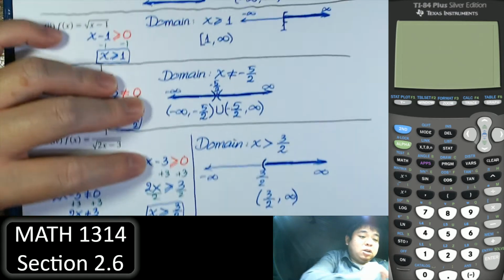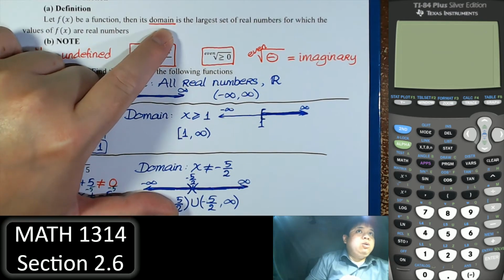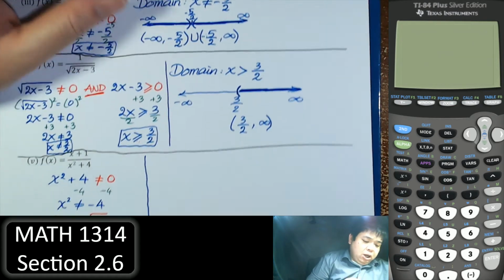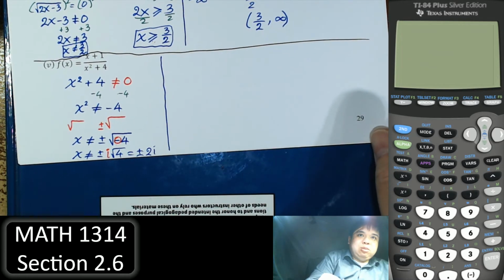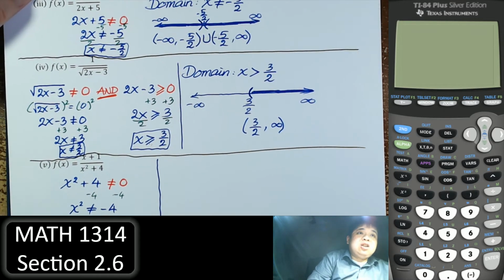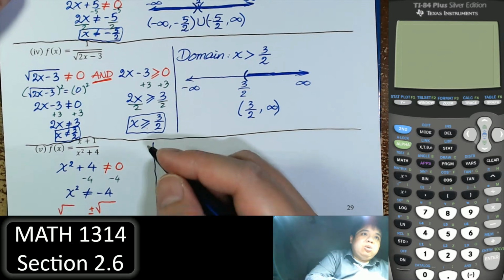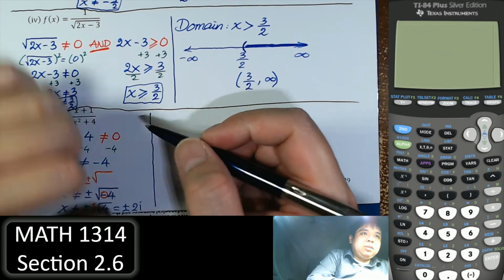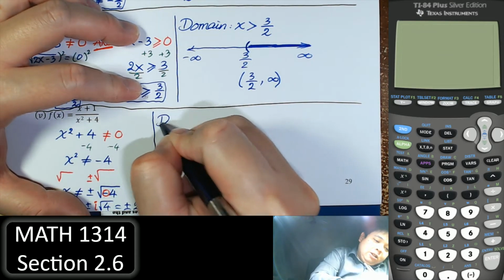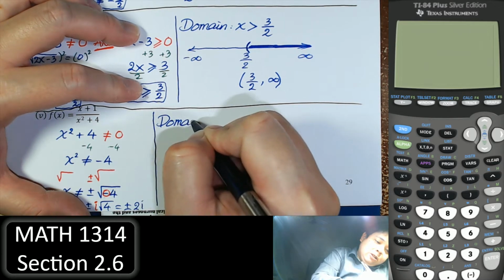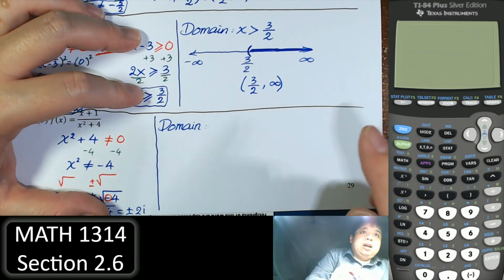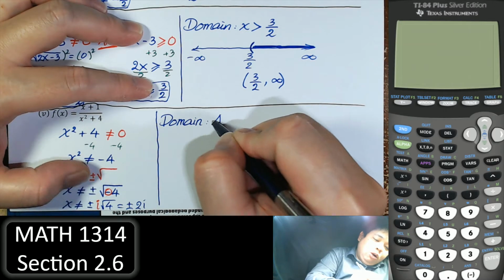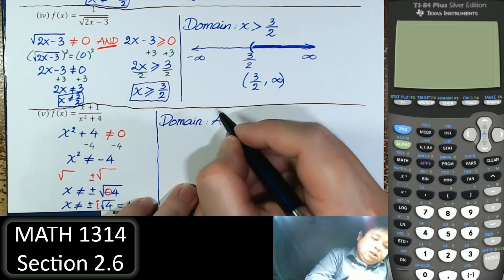However, remember, the definition of domain is the set of all real numbers. So the values of x must be real numbers, and of course real numbers is not equal to imaginary. So in that case, we say the domain is going to be all real numbers, because all real numbers are different than these values.